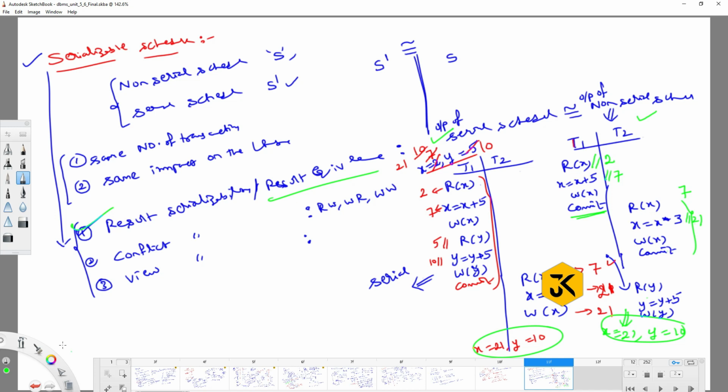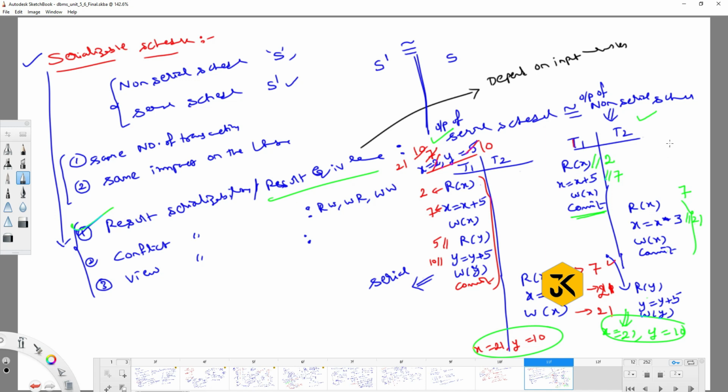But the problem with this result serializability is that they are highly dependent on the input. They are highly dependent on input variables. What does this mean?